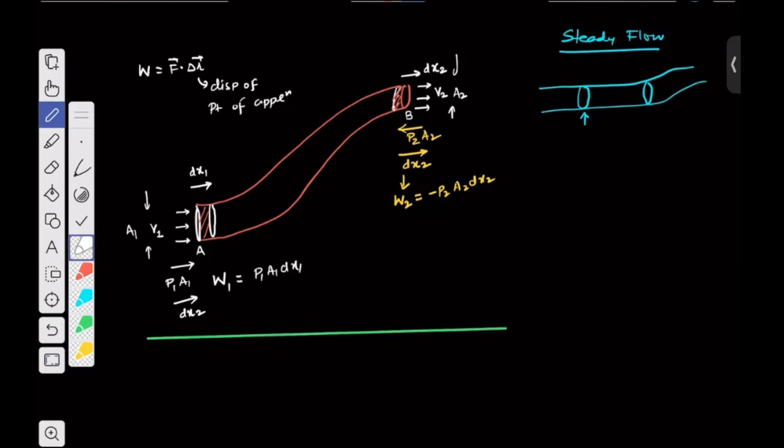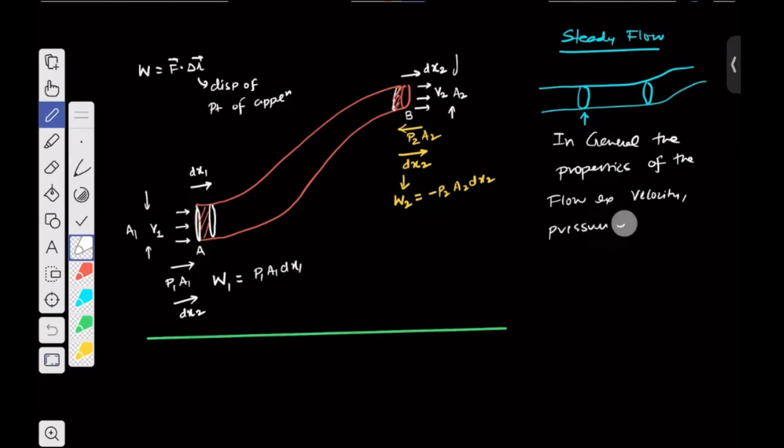So in general, the properties of the flow, for example velocity, pressure, temperature, density, etc., are a function of position and time.